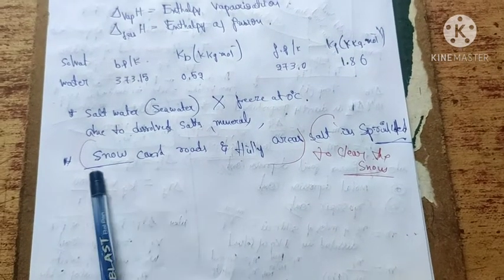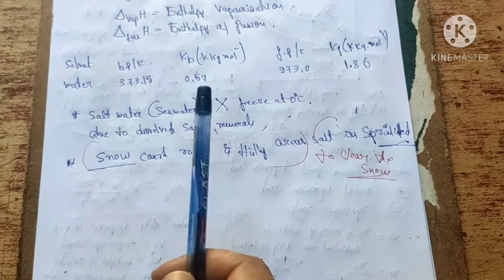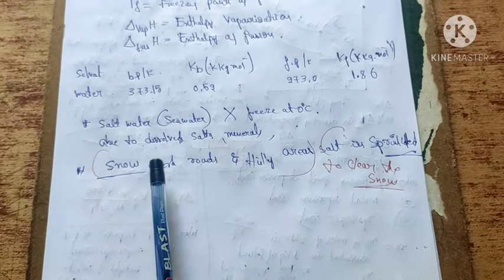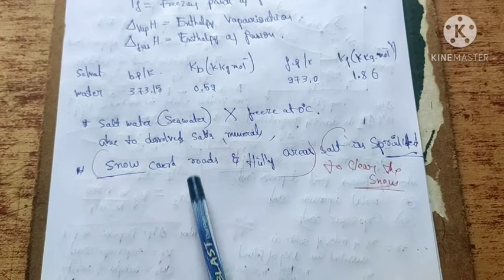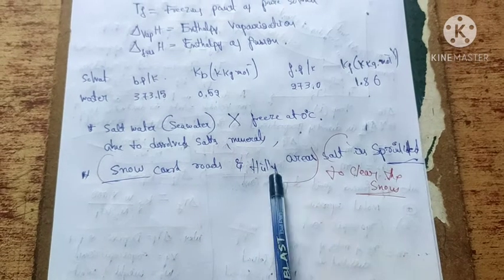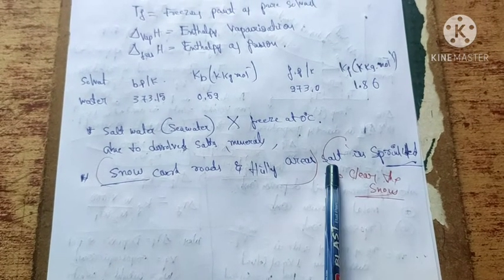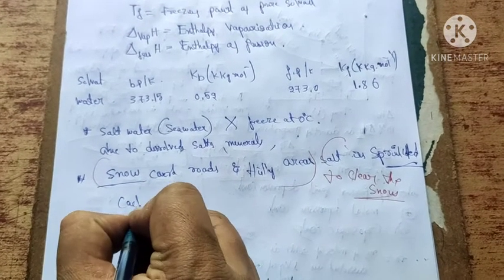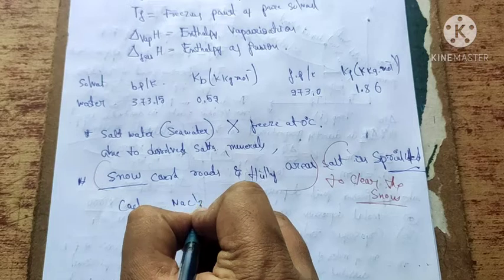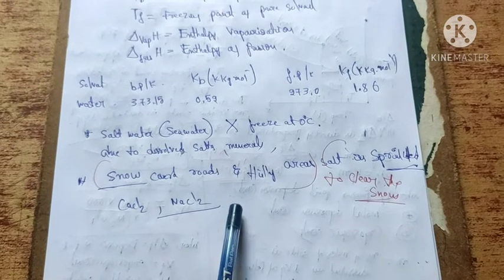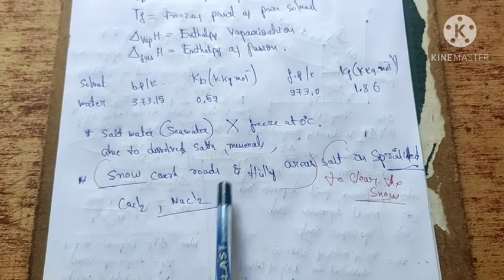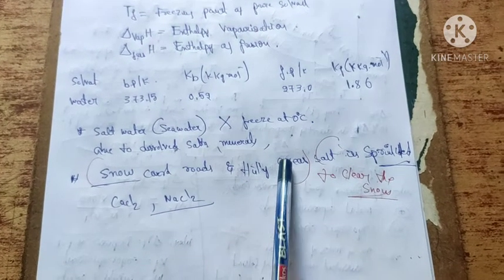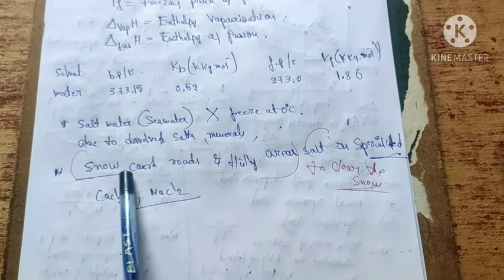Snow on the roads makes it hard to go easily, so to avoid or reduce the accumulation of snow, we use salts like calcium chloride or sodium chloride. Adding these salts lowers the freezing point of the solution, so they help avoid or reduce the snow.